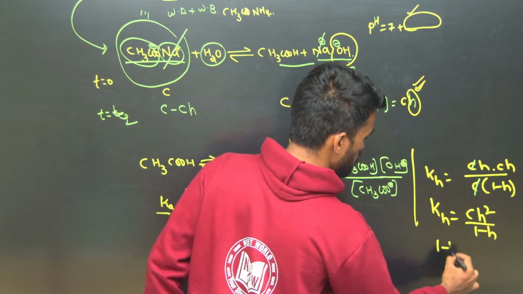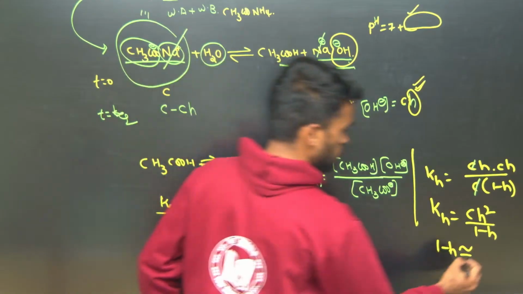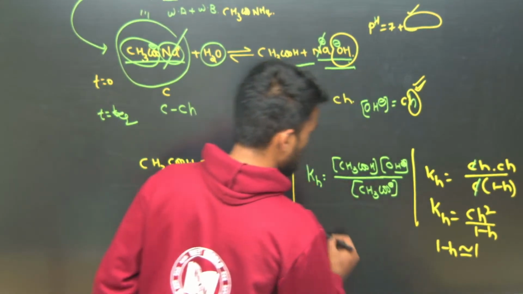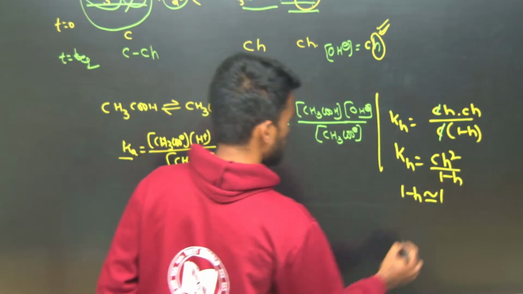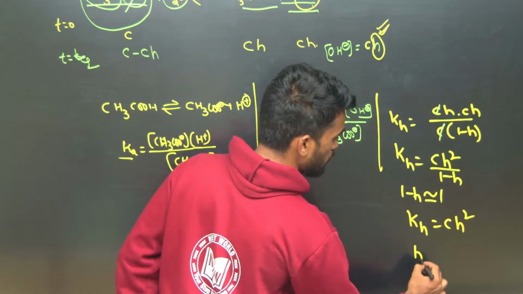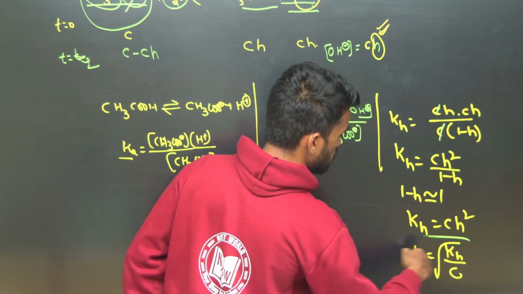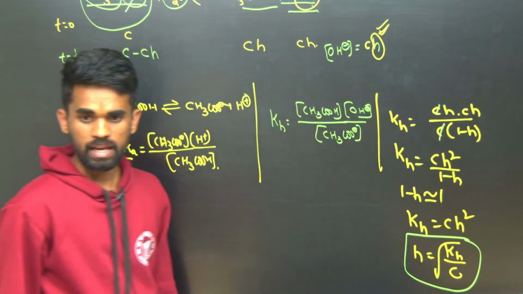Similarly here, I am taking 1 minus H, since hydrolysis is to a very lesser extent, as approximately 1. So what will Kh be now? Kh will be equal to CH square. So from this H will be (Kh by C) to the power 1 by 2. Like this we can write.